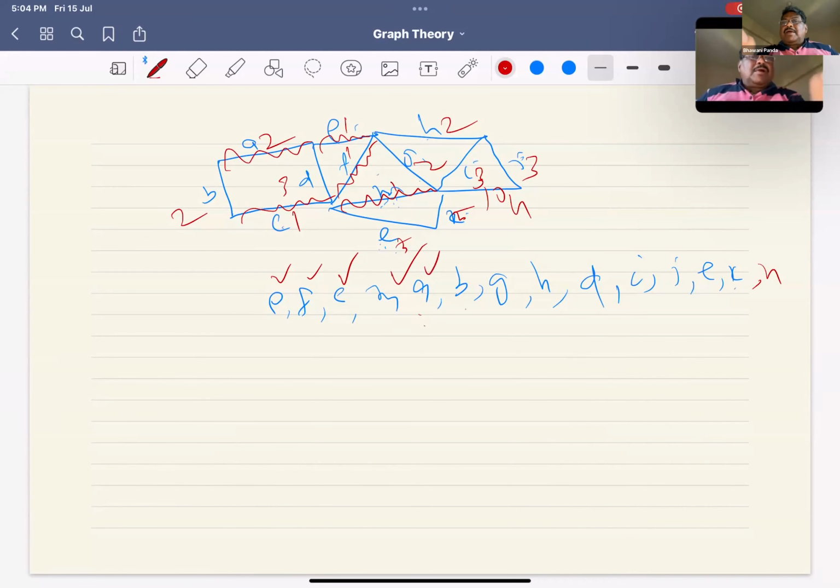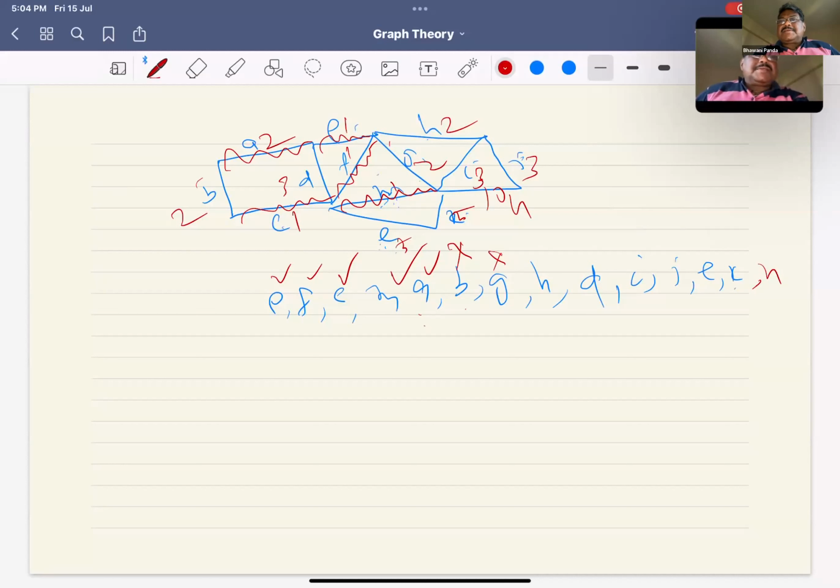B, when you add B, is it forming a cycle or not? Cycle. So this will not be considered. And then G, if I add it, it will form a cycle. So I'll ignore it. Then H we can consider.